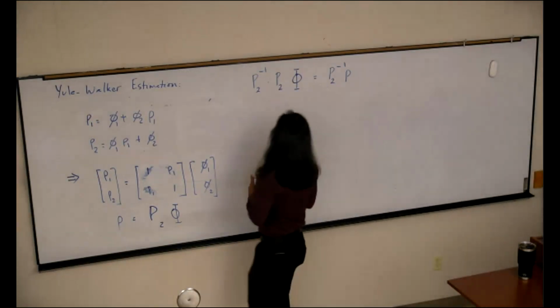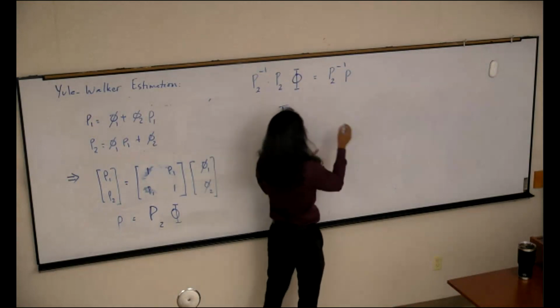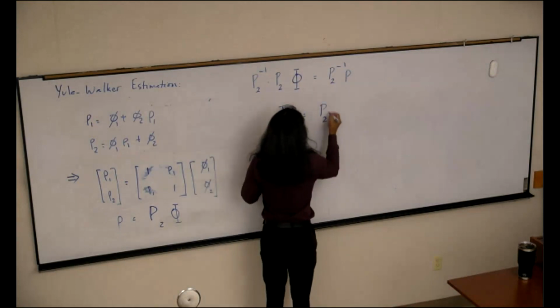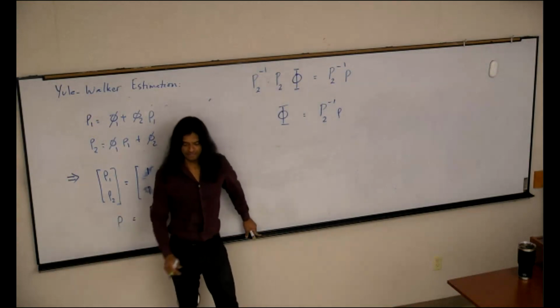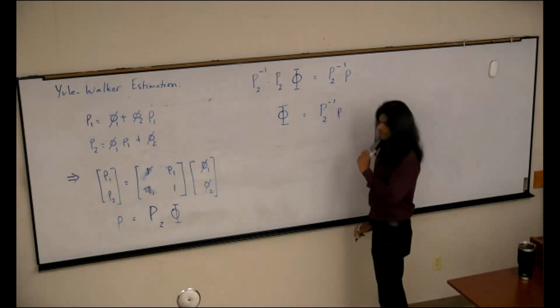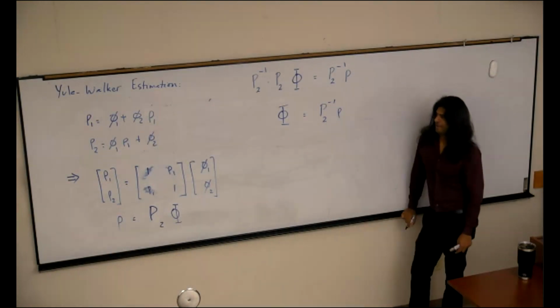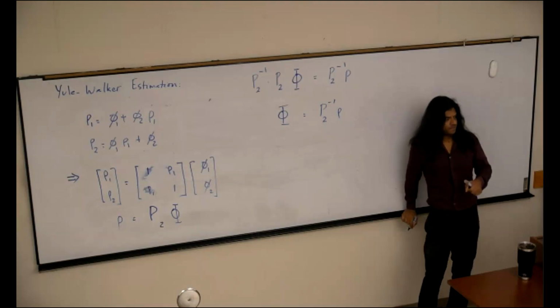So those two would go away, and you'd simply have B, which is simply the inverse of the matrix multiplied by rho. That is the theoretical expression.